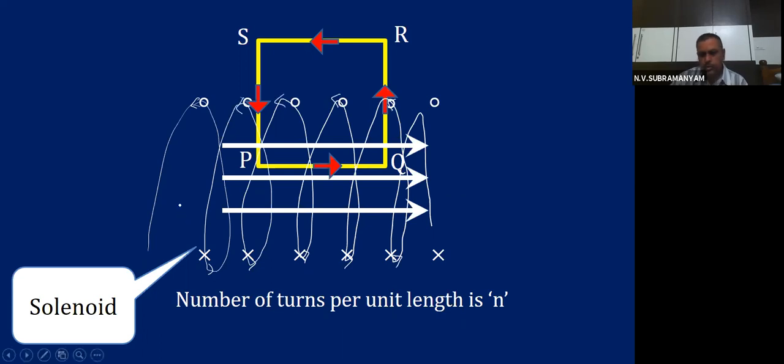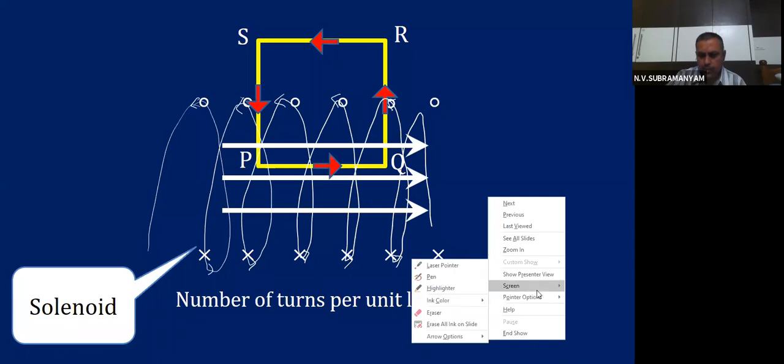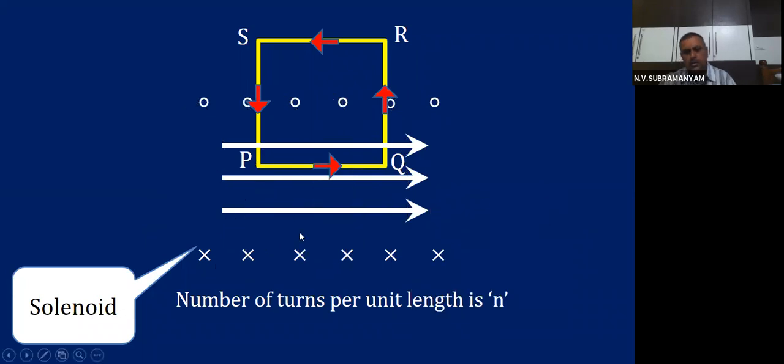Okay, all of you. So in the textbook, they will show like this only. Just they will give dots at the one side, crosses at the other side. Then you must remember that the current flow will be as shown. Okay. So this is a solenoid with number of turns per unit length, small n.